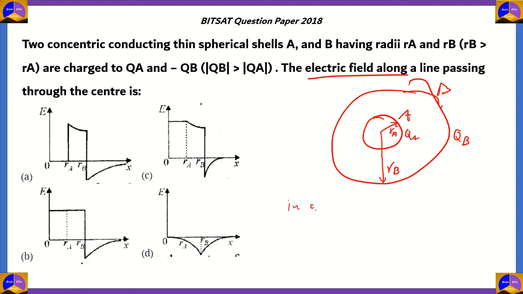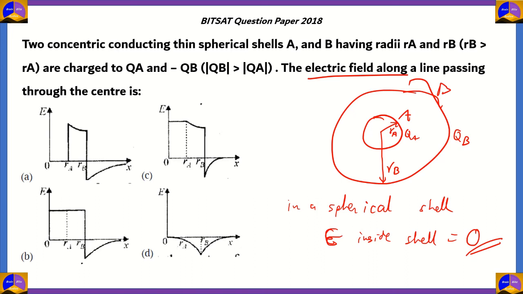Now, in a spherical shell, the electric field E inside the shell will be equal to 0. The reason is that there will be no charge enclosed inside the spherical shell, as the charge is on the shell.